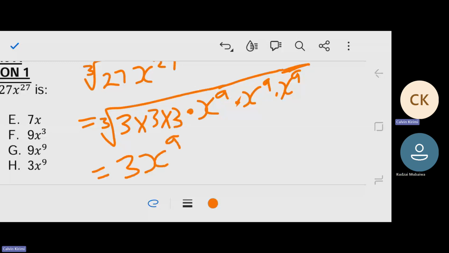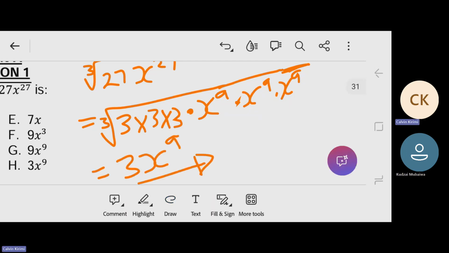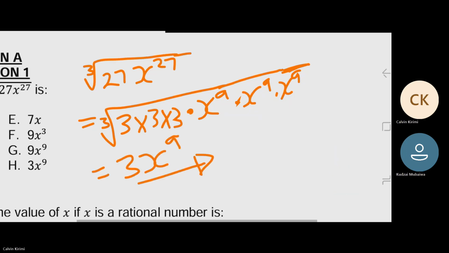That will be your final answer. So you first start by saying which 3 numbers did you multiply to get 27? 3 by 3 by 3. What about the 3 numbers which you multiply to get x to the power 27? x to the power 9 times x to the power 9 times x to the power 9. So therefore, what is your answer? That's 3x to the power of 9.